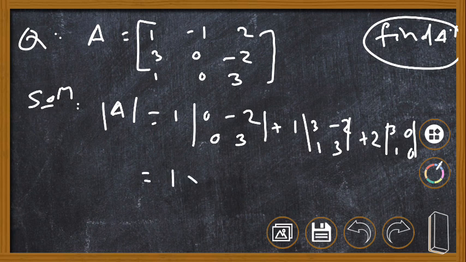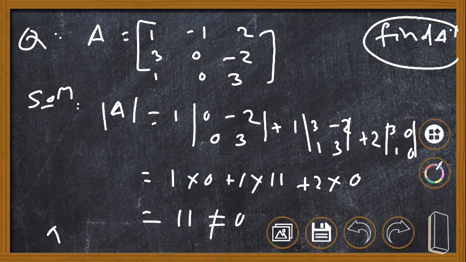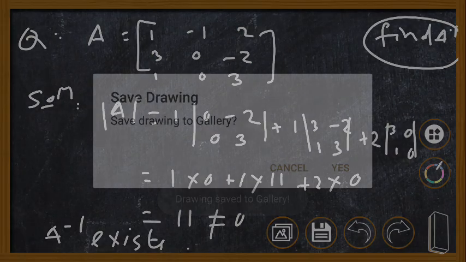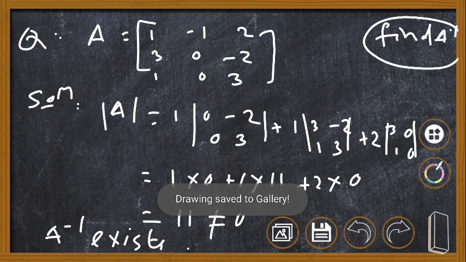This one becomes 0 plus 1, this one will be 9 plus 2, which is 11, plus 2 times 0. So the answer is 11, which is not equal to 0. Hence A inverse exists. So the first step is ensuring A inverse exists, with the determinant of A equal to 11.